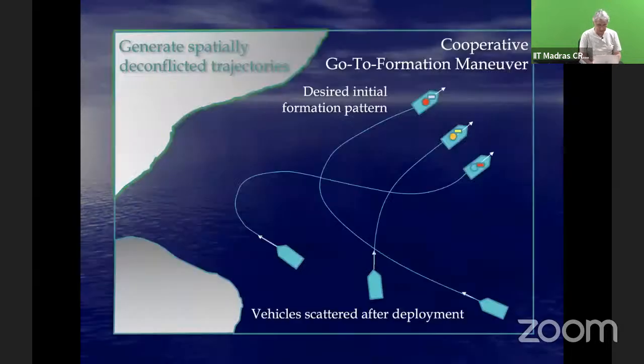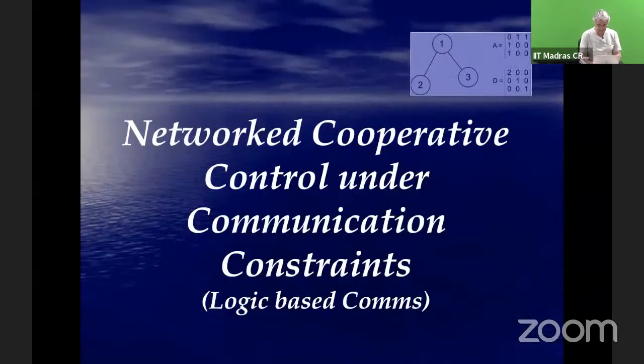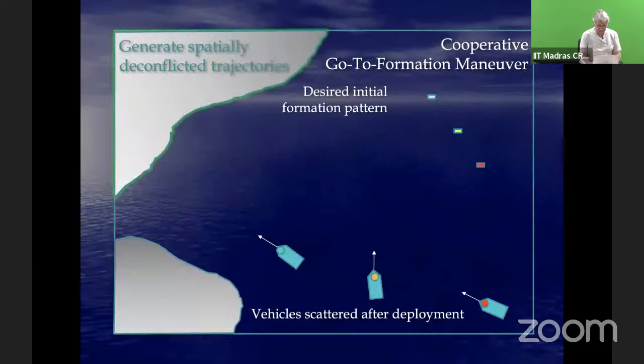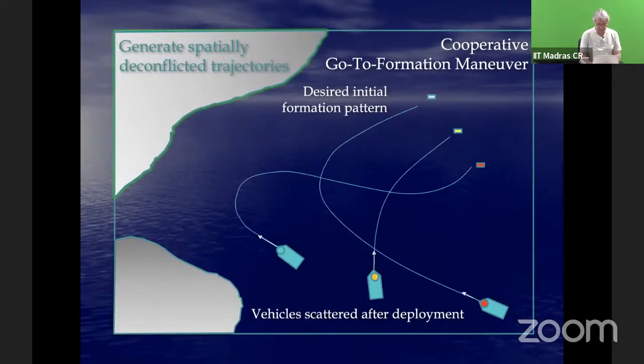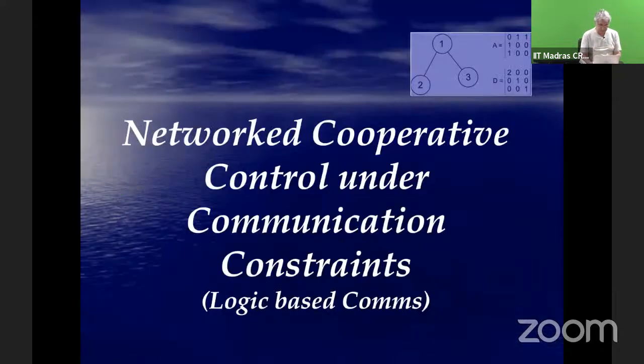Because the other important thing, if you want these vehicles to do these contrived maneuvers, like so, they have to talk to each other. And if one of them starts speeding up, the other one should lag behind, you know, things like that. But are you going to talk all the time? It's very expensive, especially when you are underwater. So let's be careful about this. You need to address the communication constraints.